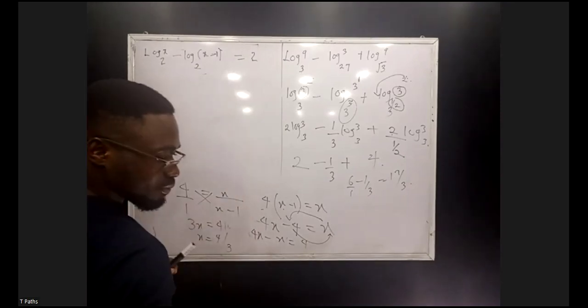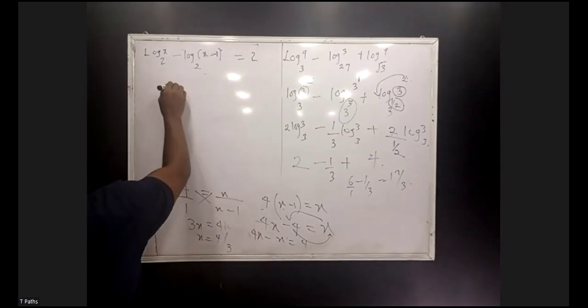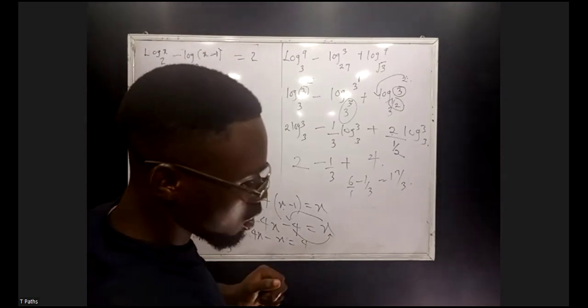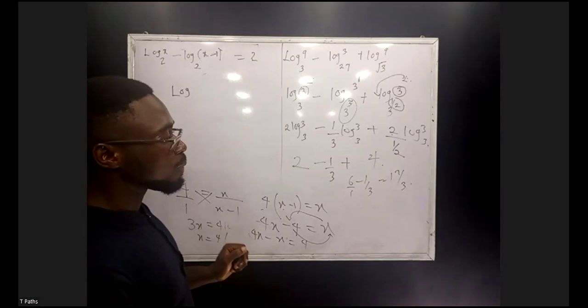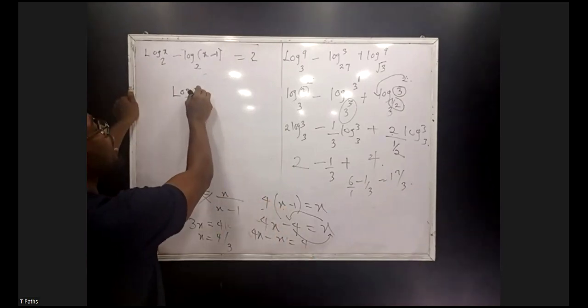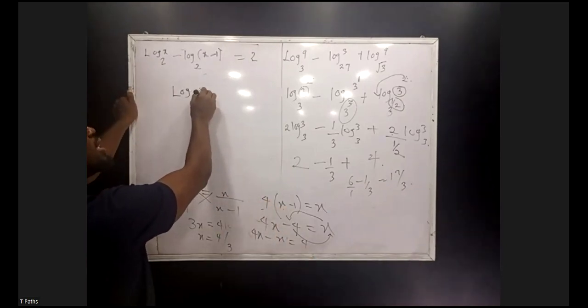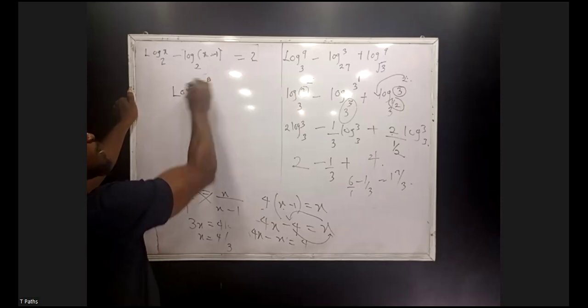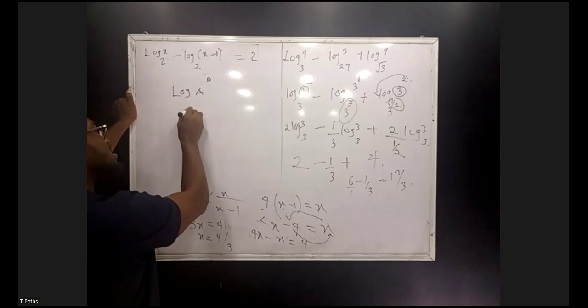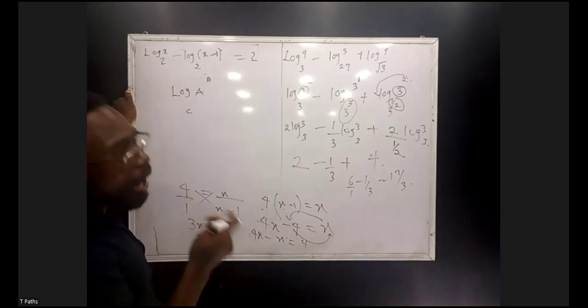We have logarithm of, now, this is very straightforward. Understand two things. If the logarithm of what you are evaluating has a power, let me call the power B, the base does not have a power.